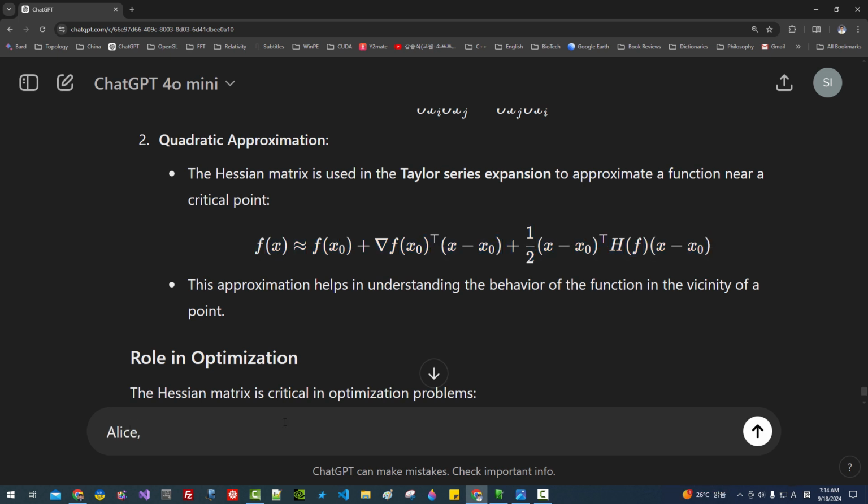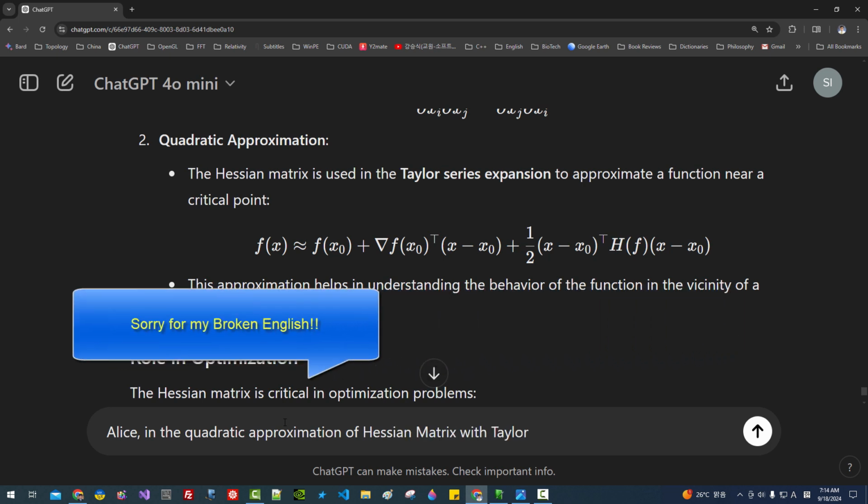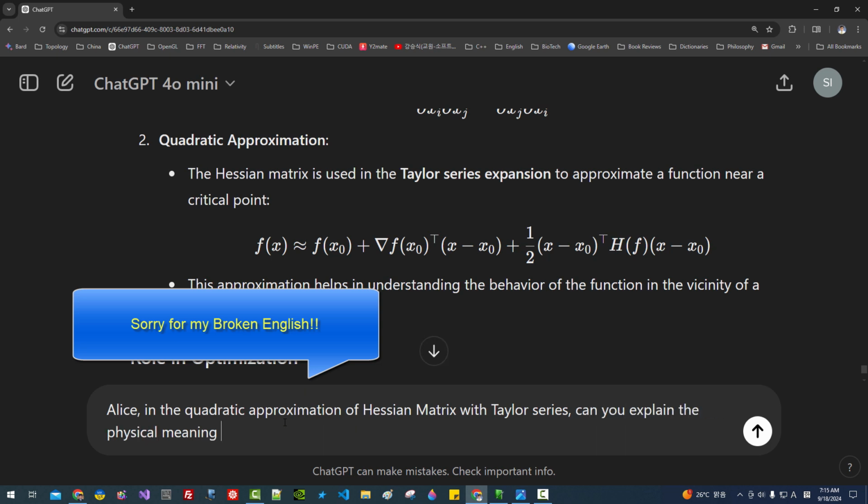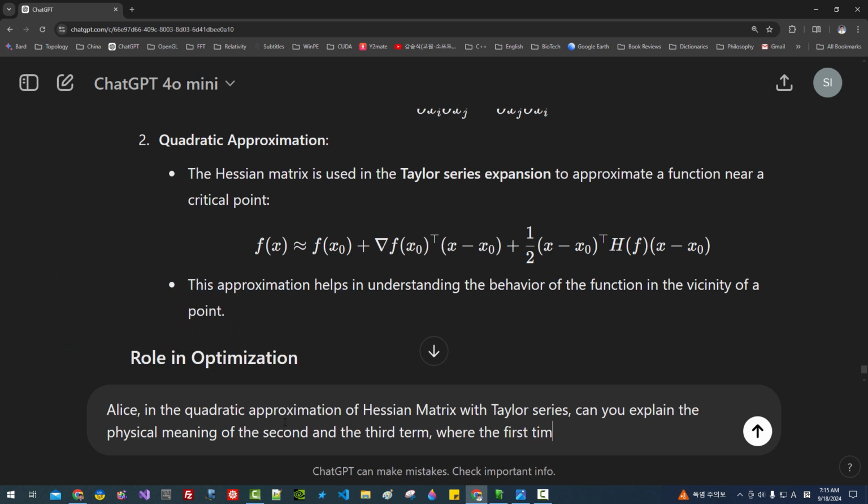At least in the quadratic approximation of Hessian matrix with Taylor series. Can you explain the physical meaning of the second and the third term, where the first term is constant?